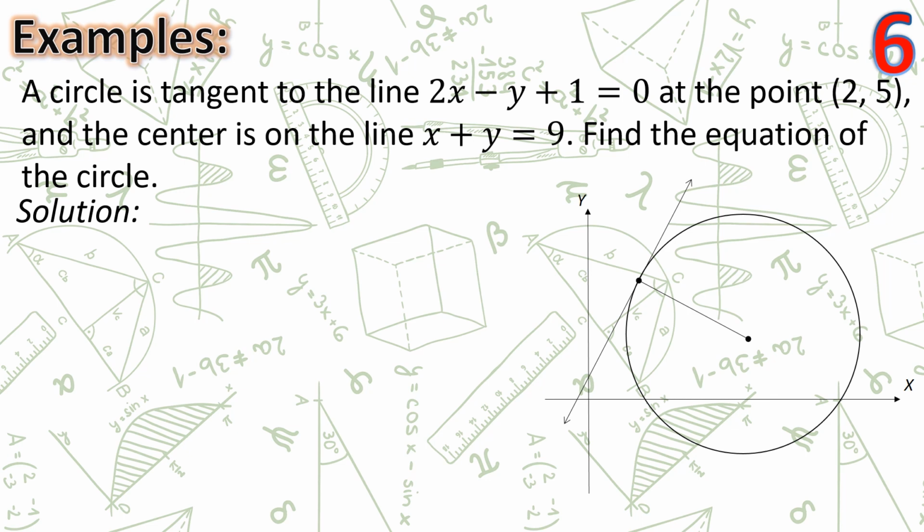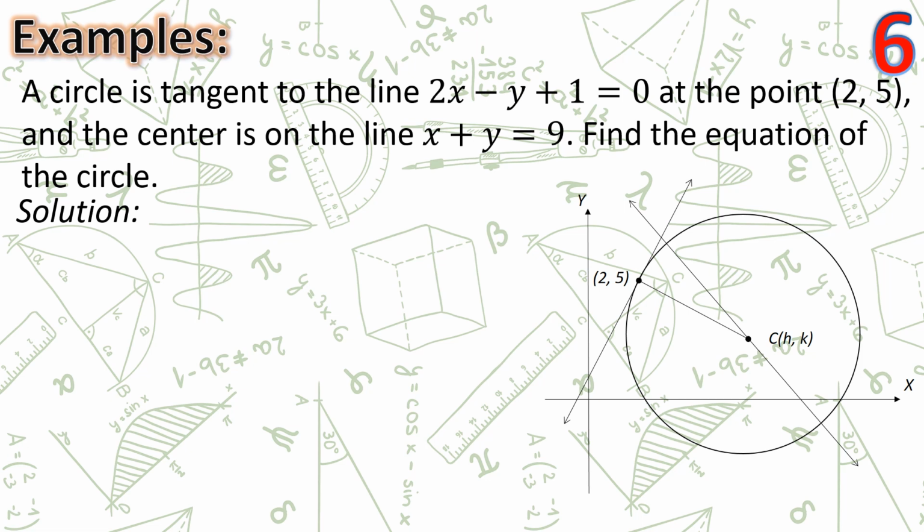So we need to get the equation of the line containing the radius. Also, the center of the circle is on the line x plus y equals 9. So to get the coordinates of the center, we will solve the equation x plus y equals 9 and the equation of the line containing the radius simultaneously.